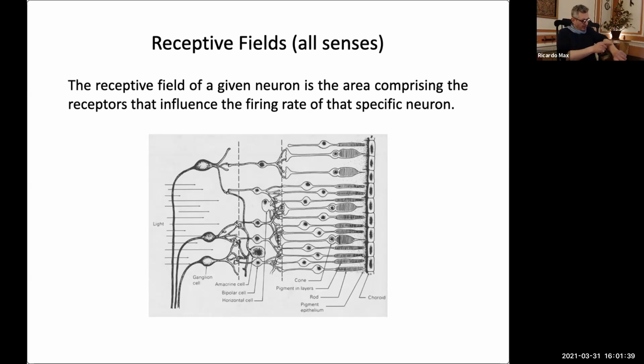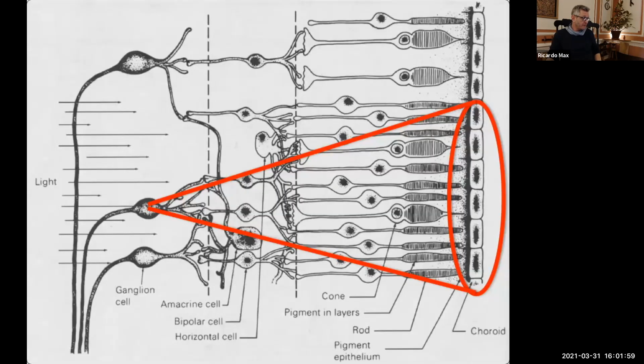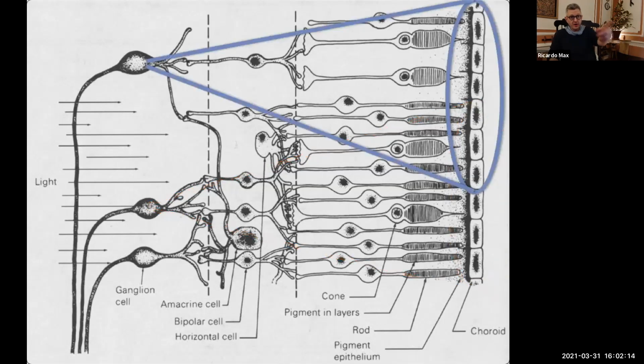So it can be a neuron somewhere here that reacts to everything that happens in a specific area in my skin. For the ganglion cell in the visual field, let's say this ganglion cell will be affected, its firing rate will be affected by anything that happens in this specific area in the retina. This other one, it's this area.